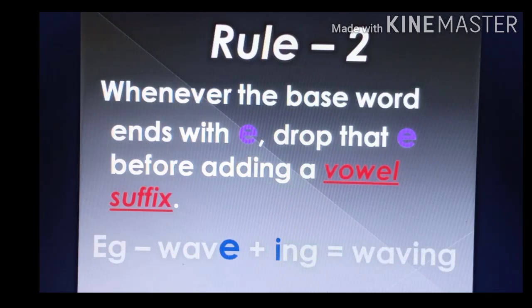They all start with either A, I, O, U or E. So this base word is wave, and it ends with E. And we are supposed to add a vowel suffix that starts with I. So in the word which we have created, E has disappeared. So keep in your mind, whenever the vowel suffix comes, the E will disappear.